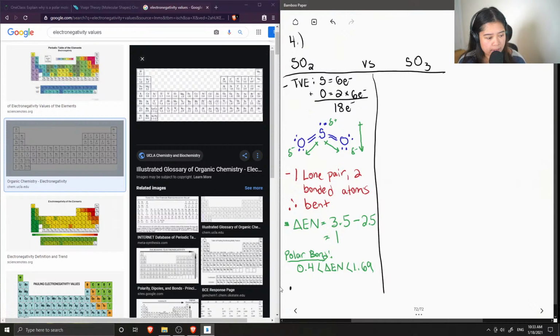So this means that SO2 is polar, and I'll say that dipole moments don't cancel.